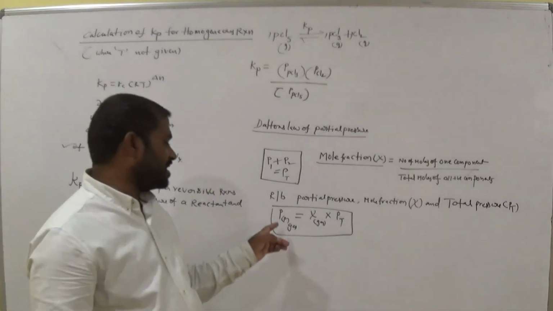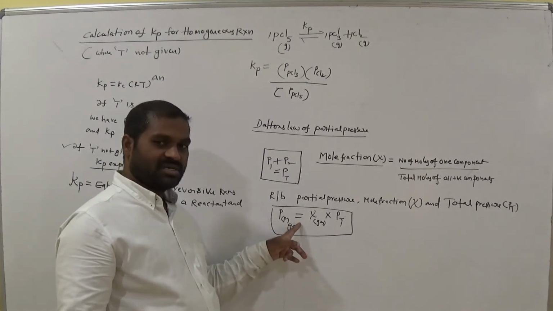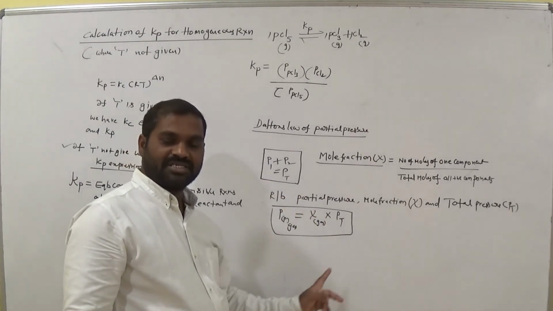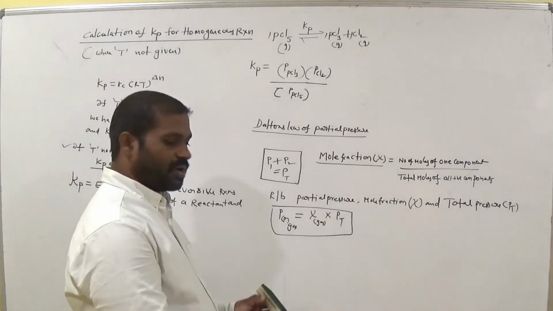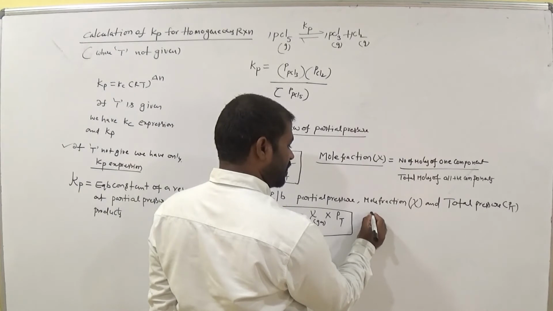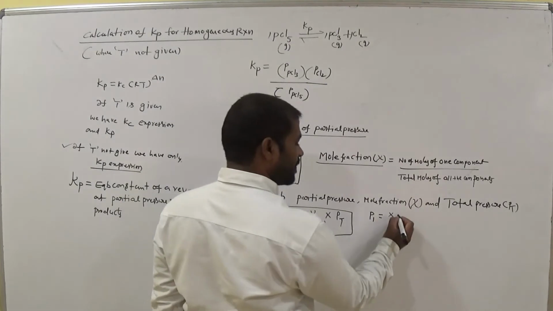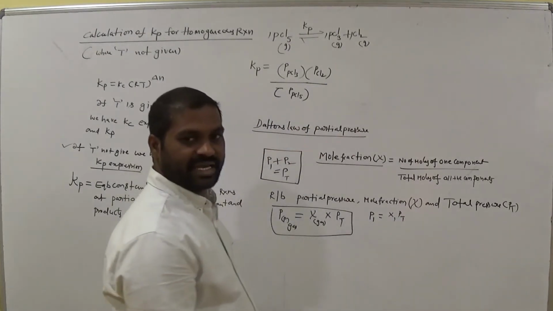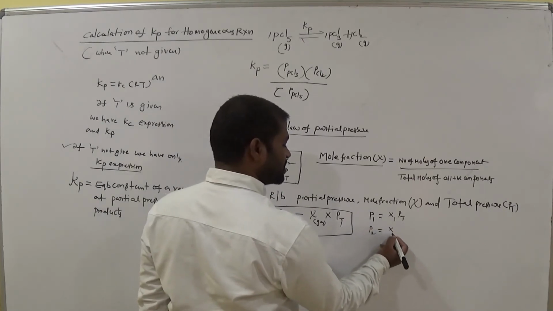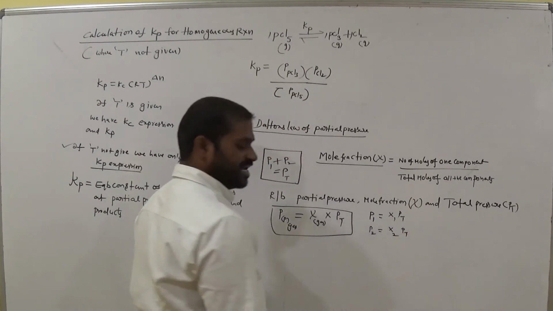If you need to calculate the partial pressure of a gas, it equals the mole fraction of that gas times the total pressure of the mixture. Suppose I have to calculate the partial pressure P1 in this case. So P1 equals its mole fraction X1 times the total pressure P total. Is it clear? Now what about the partial pressure P2, with mole fraction X2 and total pressure PT? Is it clear, ma'am?